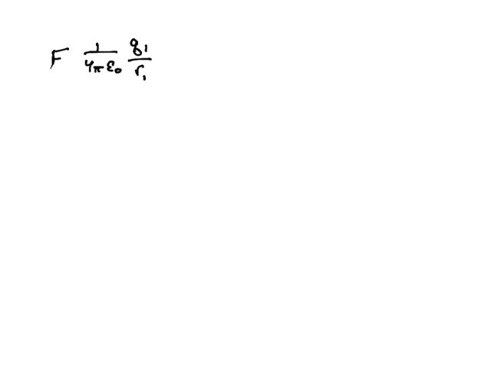And let me redo this. The force on particle x due to 1 is 1 over 4 pi epsilon naught, the charge Q1, divided by the distance from 1 to x squared, multiplied by our Qx.